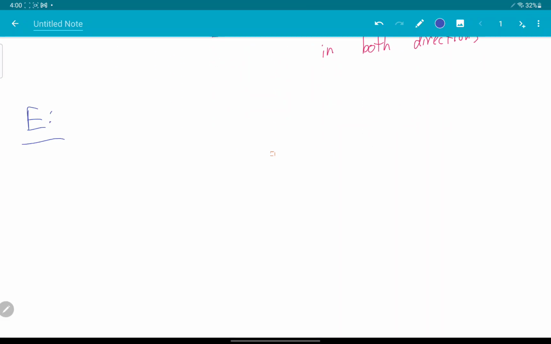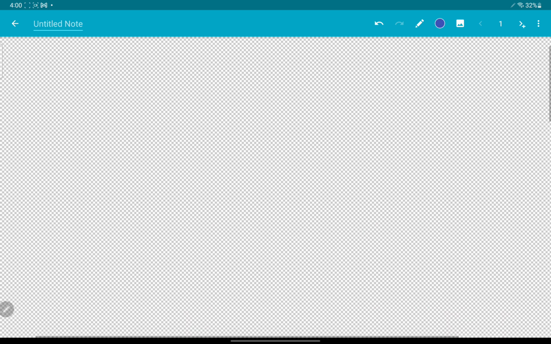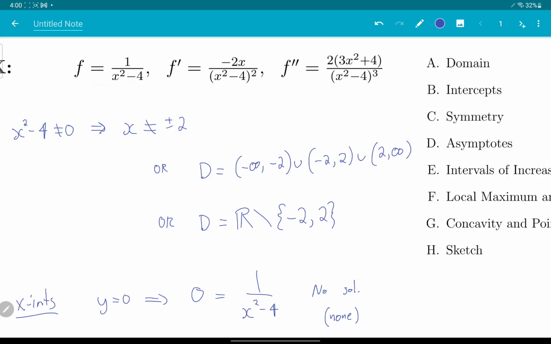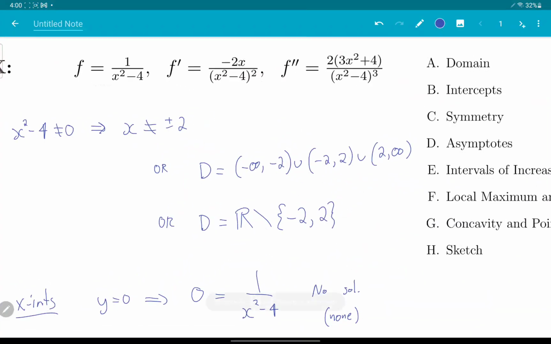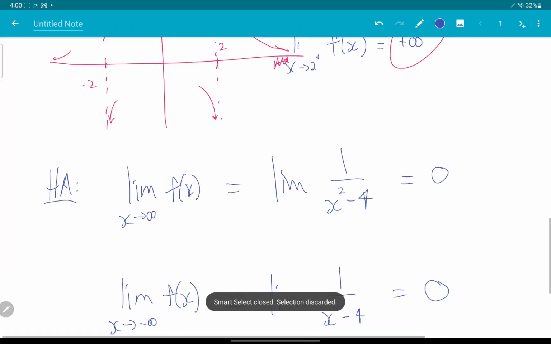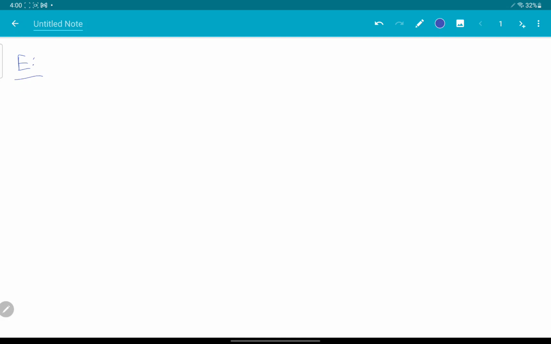So what did we say the derivative was? The derivative is negative 2x. You know what? Let's just copy paste here.